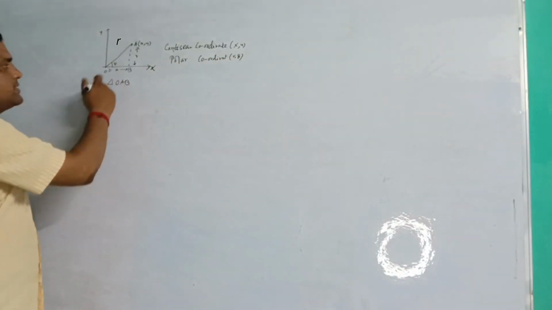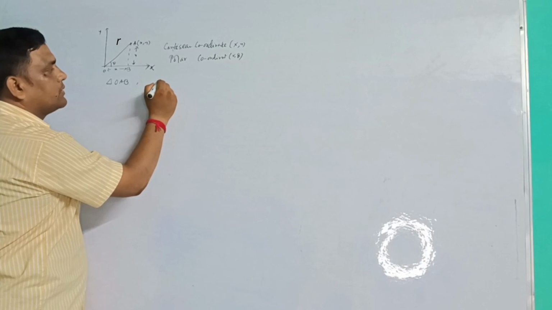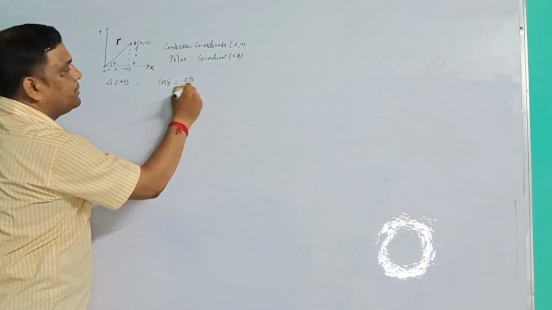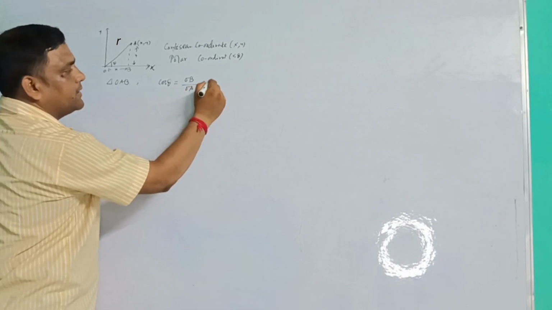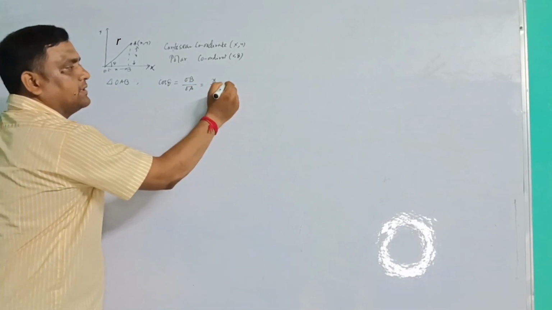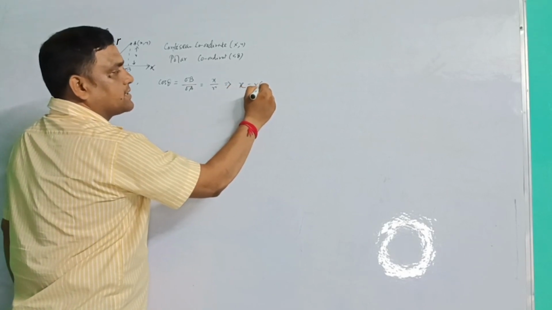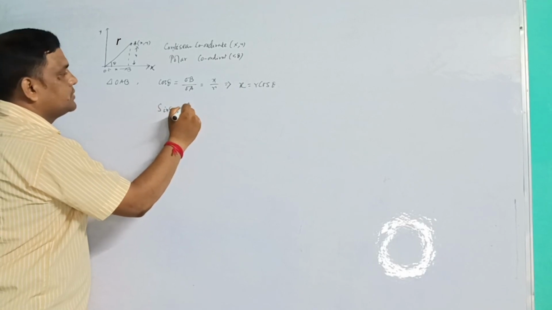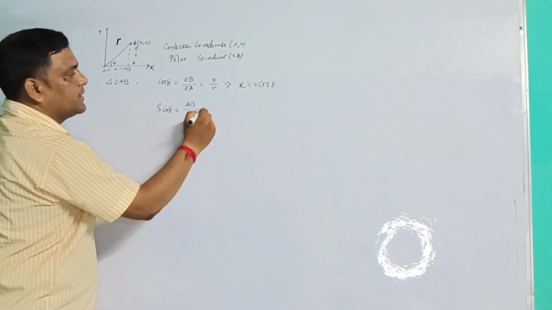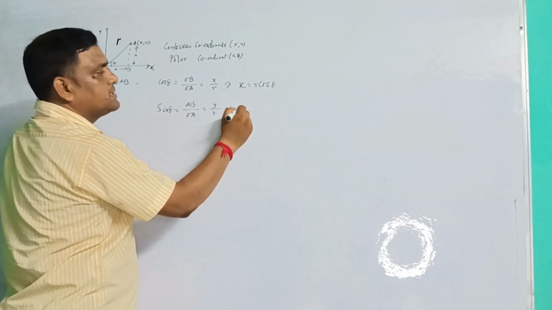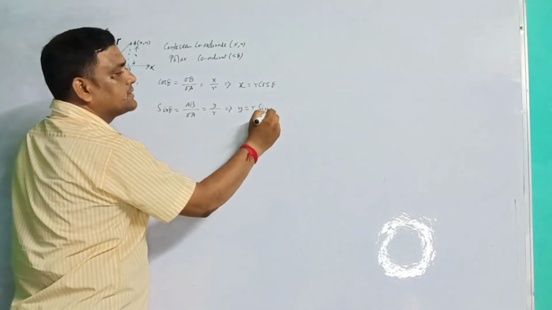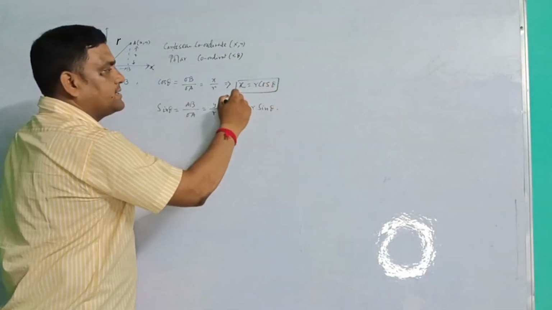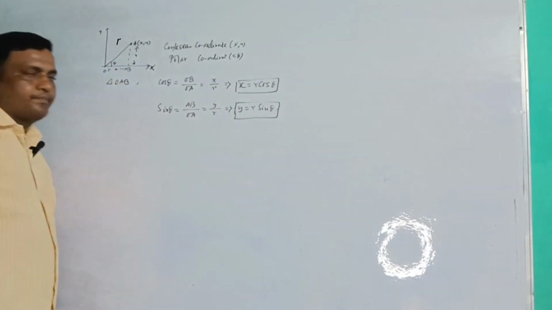Then from this triangle OAB, cos theta is equal to OB by OA, base by hypotenuse. So x by r, this implies x is equal to r cos theta, and sin theta is equal to perpendicular by hypotenuse, y by r. This implies y is equal to r sin theta. So this is the relation between the Cartesian and polar coordinate systems.